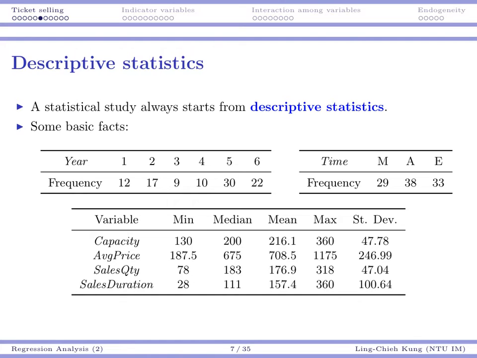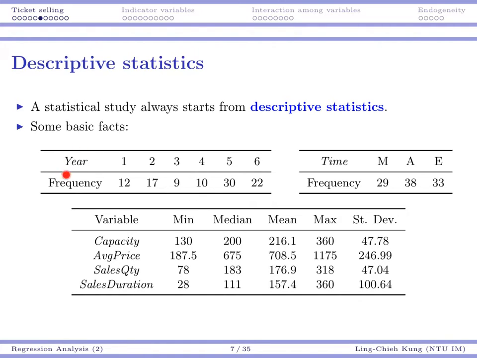In many cases, that's going to decide the statistical methods we need to use. Sometimes after you draw some figures or get some basic numbers, you will just stop because probably the problem is too straightforward and you don't need to do any study. You know what the problem is and how to act. Or sometimes you find out that you need to collect more data or clean out some data. So descriptive statistics is the first step.